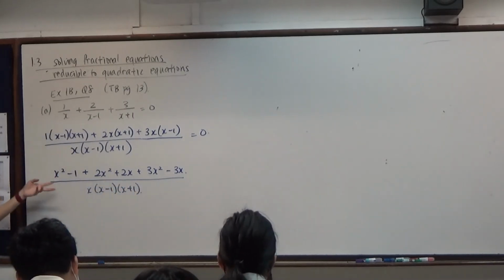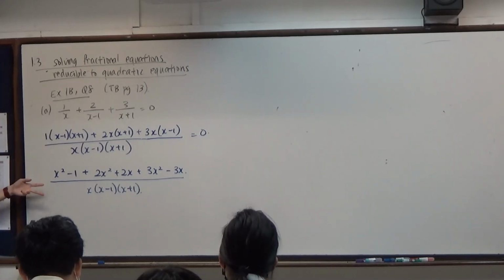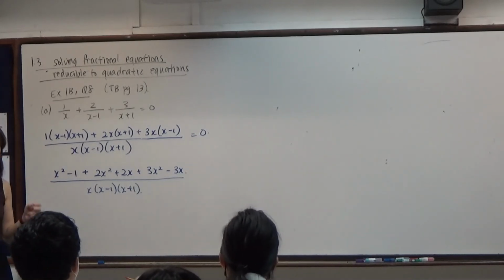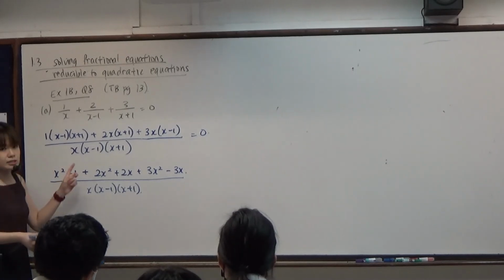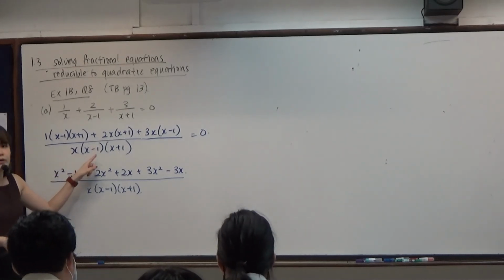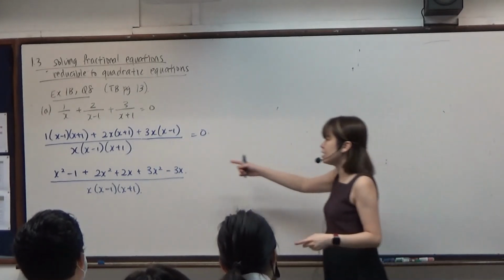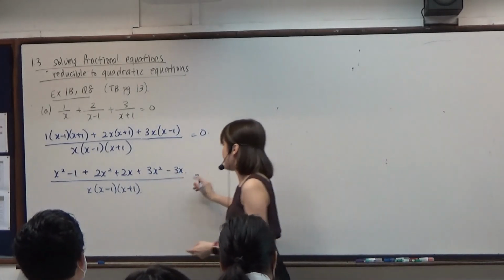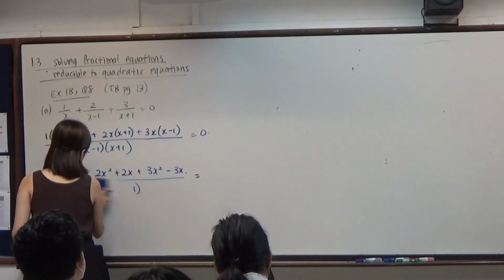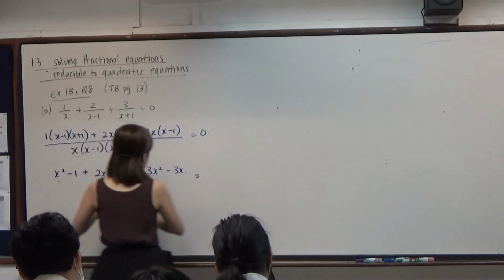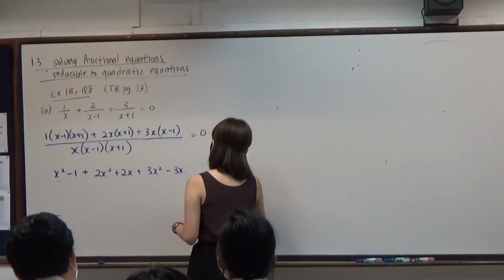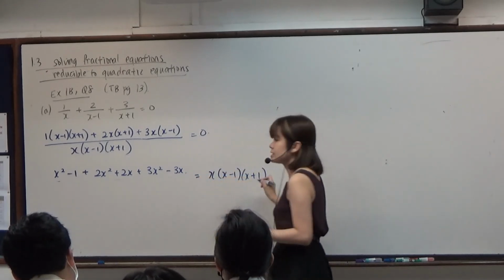You may wish to already do your cross multiplication, just that we got to be very careful over here. There is this high tendency that when you cross multiply, you keep thinking about bringing things over, and then you accidentally write x times x minus 1 times x plus 1 onto the right hand side.